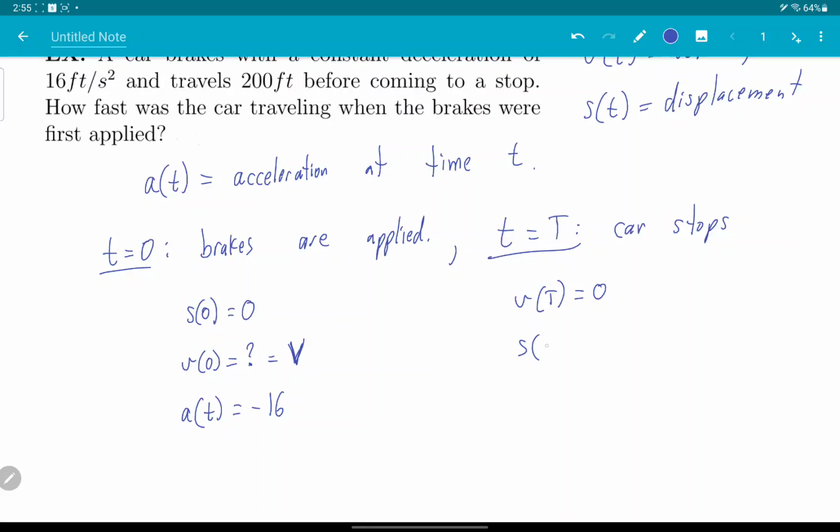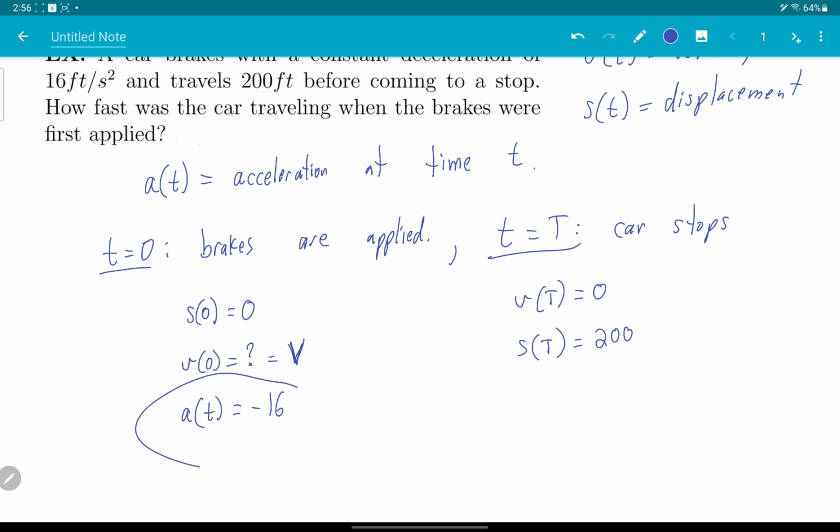The displacement at time capital T is my 200. I'm skidding for 200 feet. So I got a whole bunch of information here. I think I want to just start doing antiderivatives and try to see how all this information comes together.